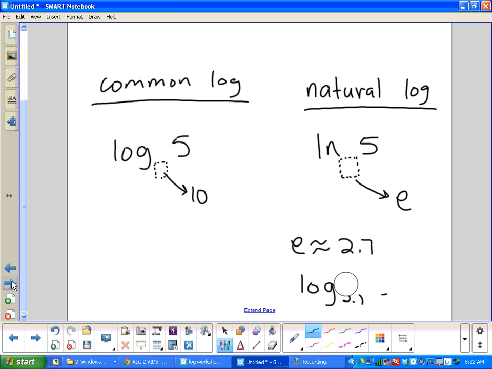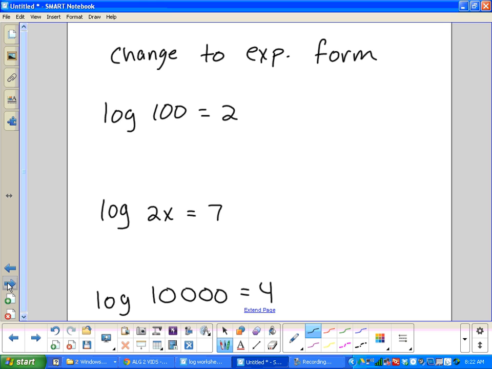Now, let's look at some examples with natural logs and common logs. Let's change these to exponential form. Notice that none of these logarithms have a base. So what's the base? If I don't have a base, then we're looking at a common log, and so it has an understood base of 10.